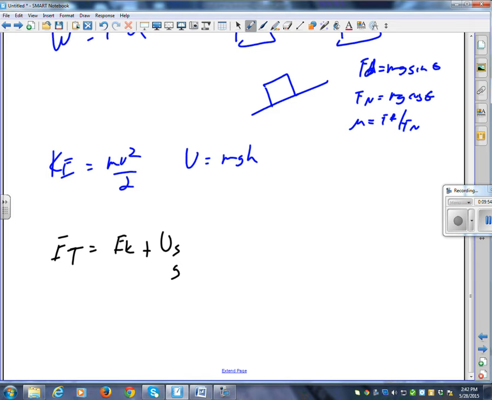And then there's all that spring stuff. U_s equals 1/2 kx squared. So basically, it would be kinetic energy and potential energy combined, or kinetic energy and spring energy combined.